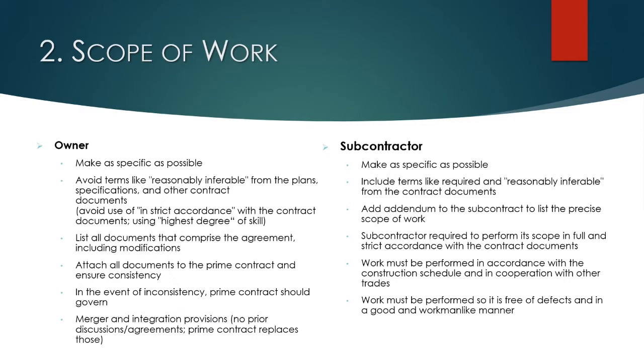You want to avoid words in the prime contract like reasonably inferable from the plans and specifications, or that you're going to perform work in strict accordance with the contract documents using the highest degree of skill. Those are things that you don't want to include in your prime contract.